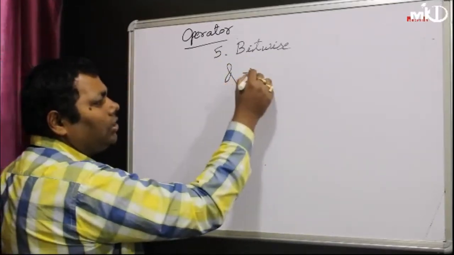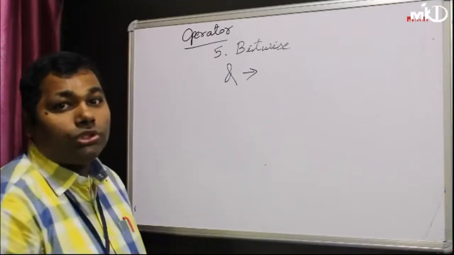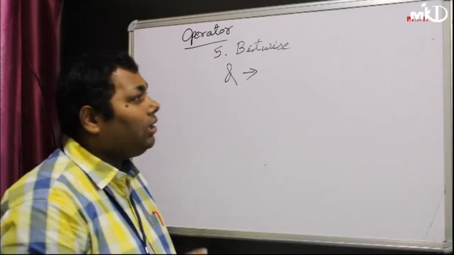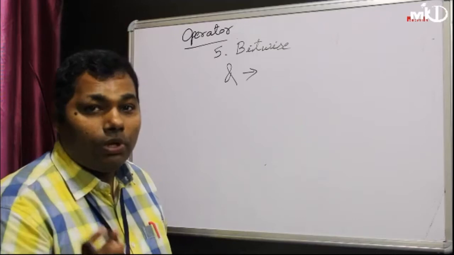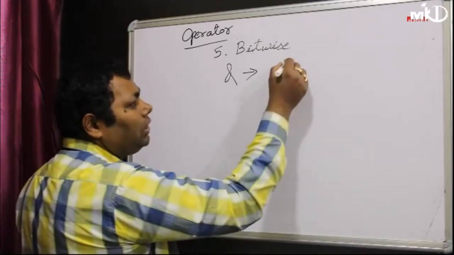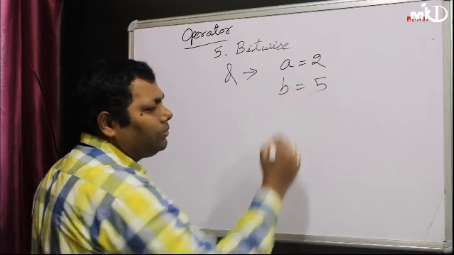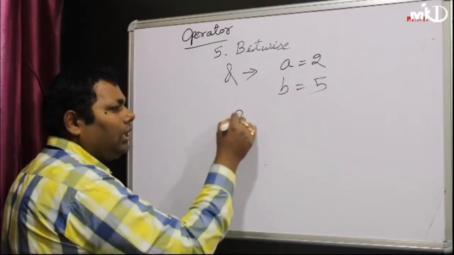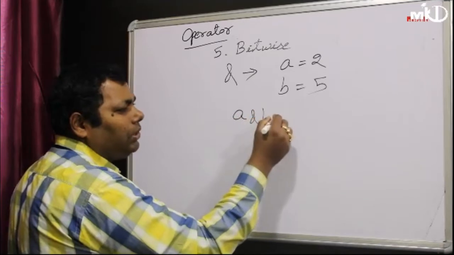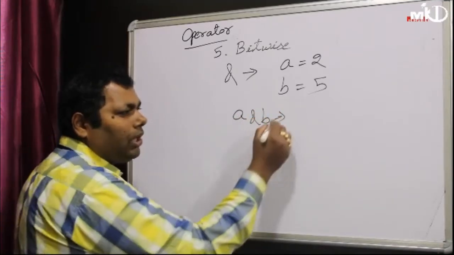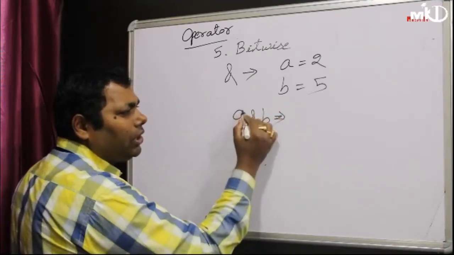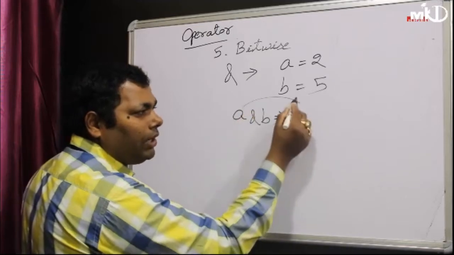Bitwise AND. So bitwise AND means it uses the AND logic gate and the values are in the binary form. For example, A equal to 2 and B equal to 5. Okay, now write A ampersand B. So what is the value of A ampersand B? First convert the value of A to binary.